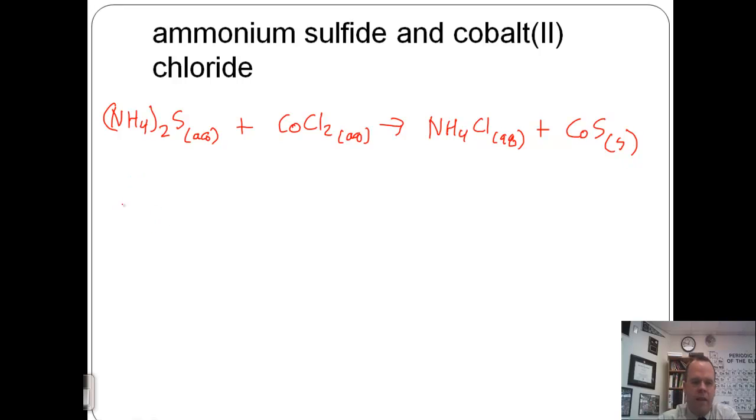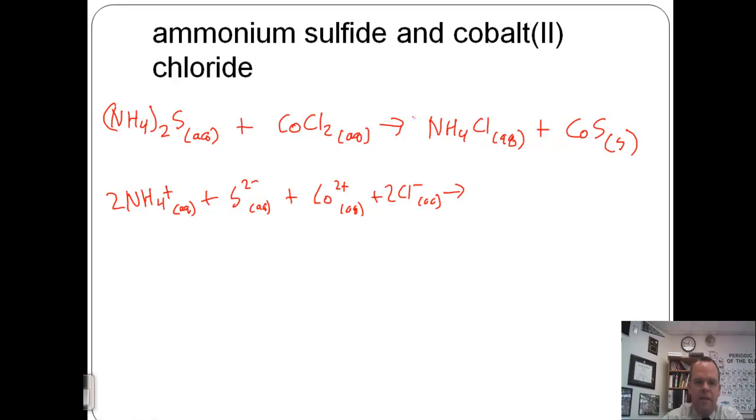Now, we want to write the complete ionic equation. 2NH4+, still aqueous, S2-, aqueous, Co2+, aqueous, 2Cl-, aqueous. Oh, we need to balance the equation first. Sorry about that. Caught that mistake. 2NH4+ aqueous, 2Cl- aqueous, plus CoS solid.